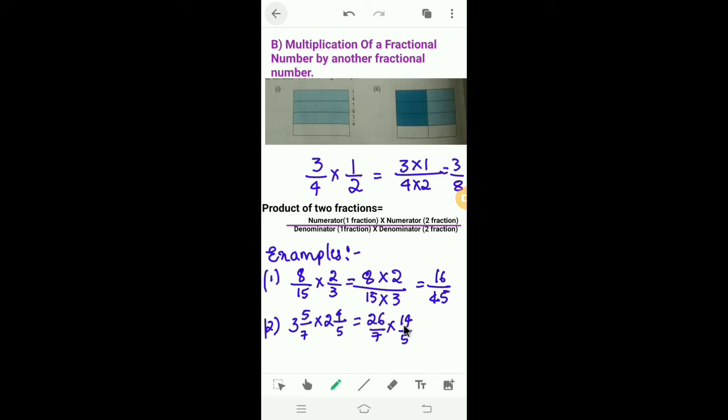Here 14 is divisible by 7. So 7 1s are 7, 7 2s are 14. 26 2s are 52, 52 by 5. 52 by 5 is an improper fraction. So we have to convert 52 by 5 into a mixed number.